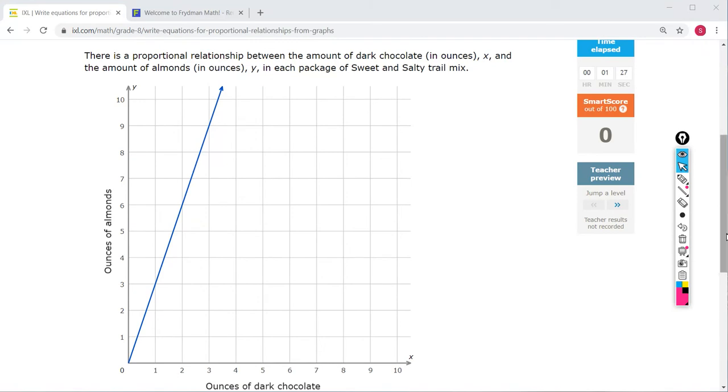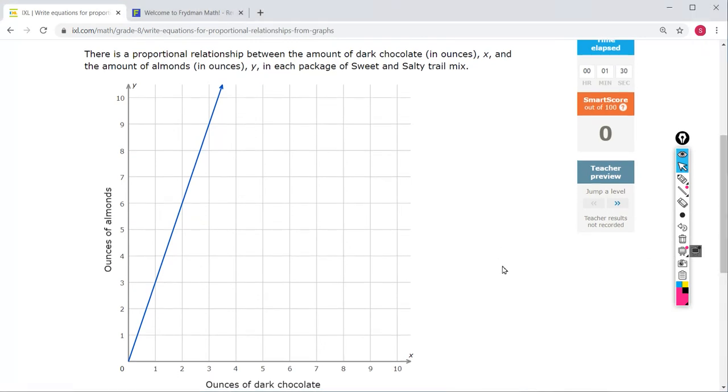All right, so basically, we see from the graph here, when there is 1 ounce of dark chocolate, there are 3 ounces of almonds. When there are 2 ounces of dark chocolate, then there are 6 ounces of almonds. When there are 3 ounces of dark chocolate, then there are 9 ounces of almonds.